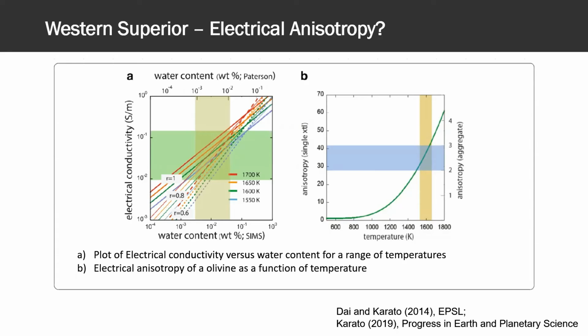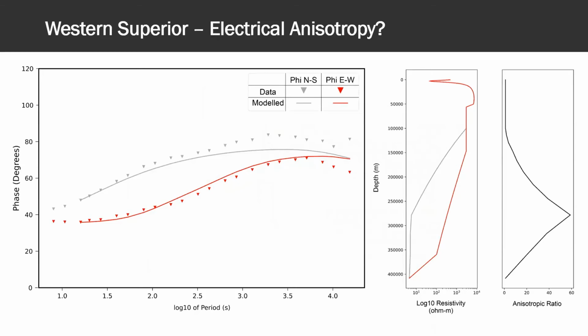So I ran a series of 3D anisotropic forward modeling studies to test that with some different setups, to see what it would take to fit the data that we have. And this is about as close as I could get. The plot on the left shows some MT data from a particular site. You can think of the x-axis as a proxy for depth, so increasing periods correspond loosely to increasing depths.